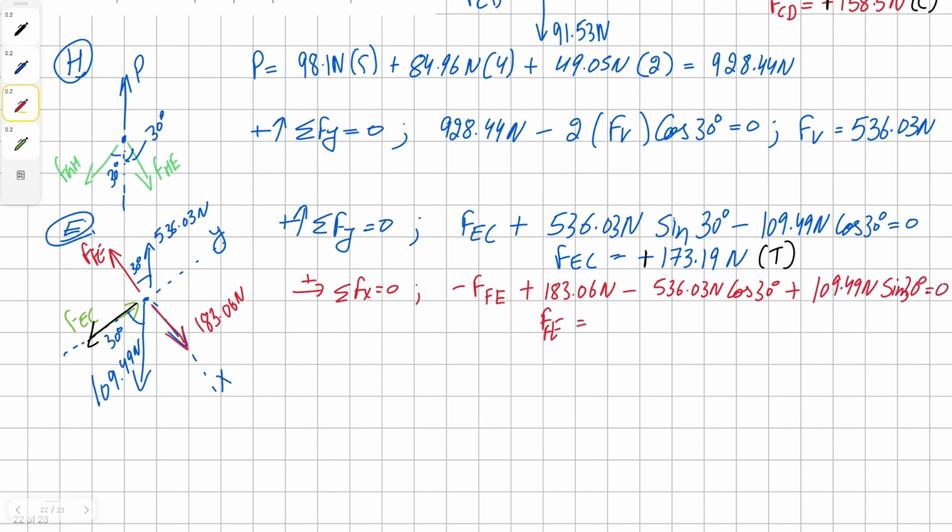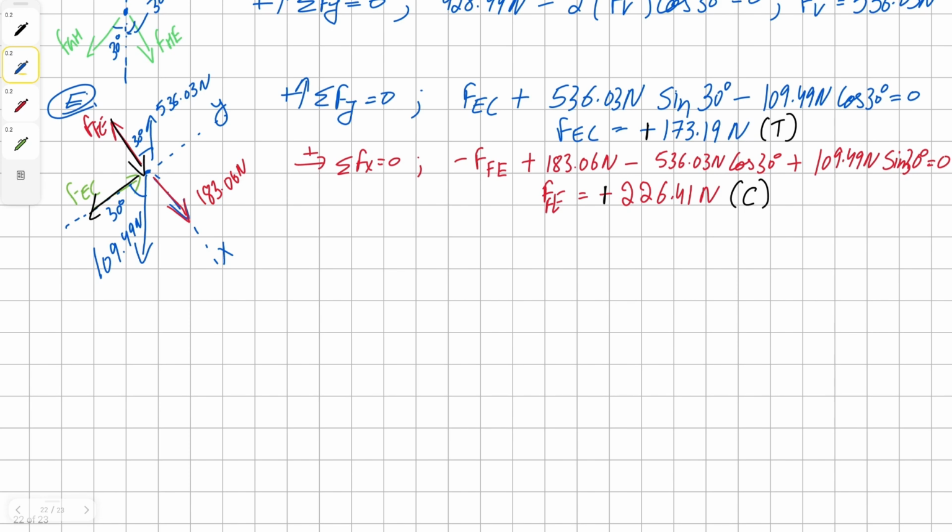Solving for FE, we get our solution as negative 226.41 Newton. Negative means we need to correct our direction of the vector force. Switching that over, we get our solution as positive, and this also confirms that our member is in compression.